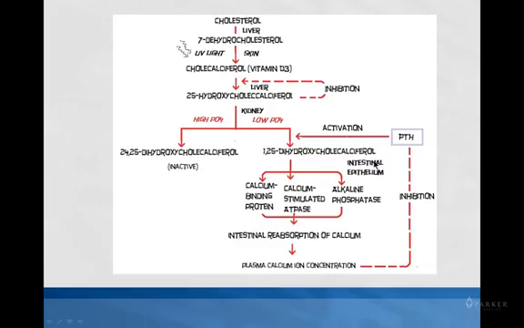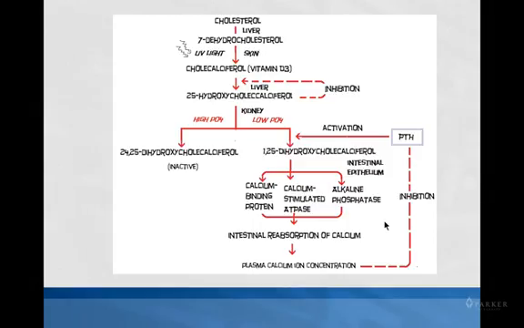One of the main actions of this calcitriol is that it affects the ability to transport calcium across the GI tract. So it increases the calcium pumps and calcium binding proteins, which increases the intestinal absorption of calcium. So, big picture, in order to have this active form of vitamin D, you need a number of organ systems involved.